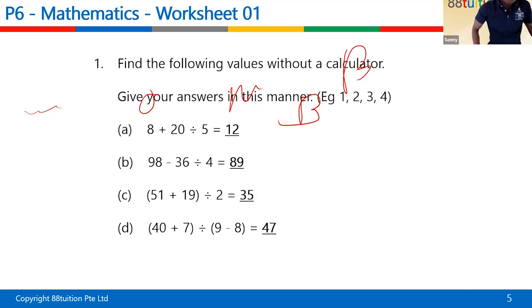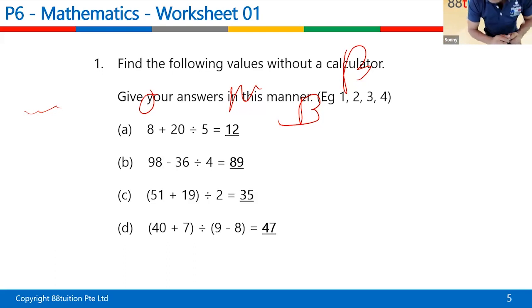So what's your answer? Come on, students. 89. Yes, that's correct. 89 is correct.